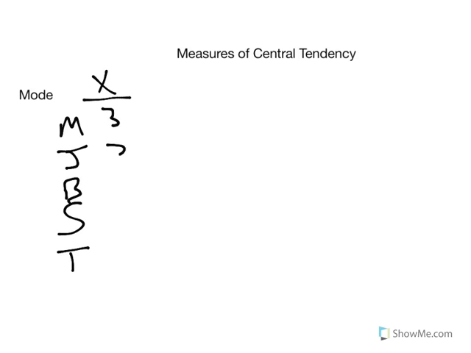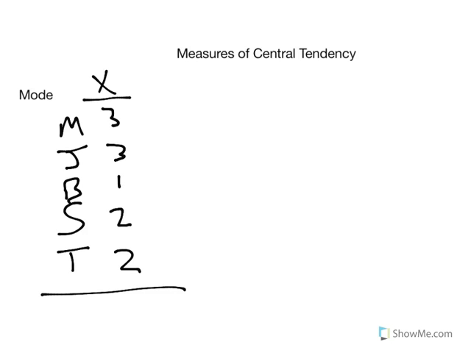Let's do one that's a little bit more complicated. Mika and Joe and Bobby and Sue and Tony. Let's say 3, 3, 1, 2, and 2. Now, which one of these scores is the most frequently occurring?